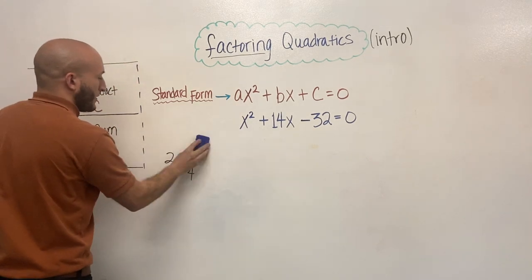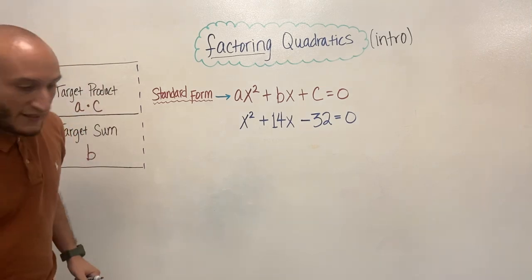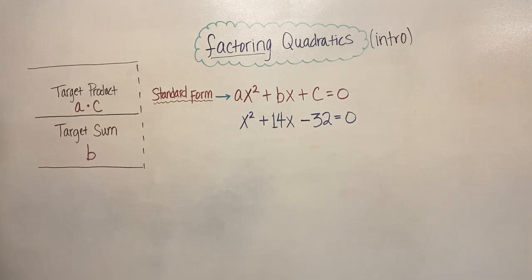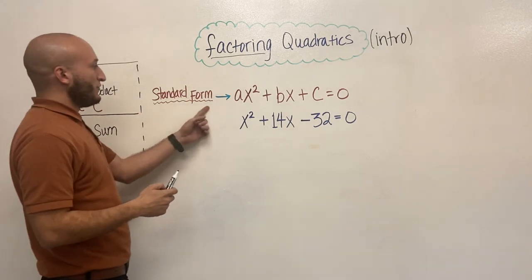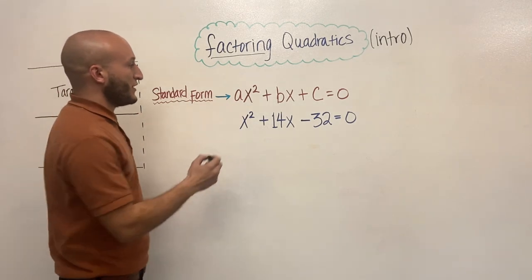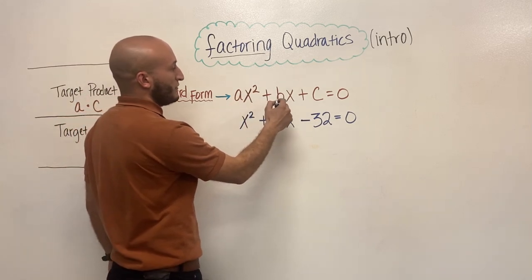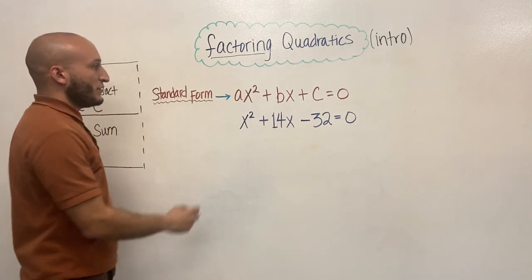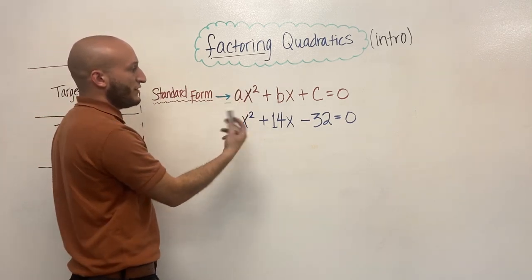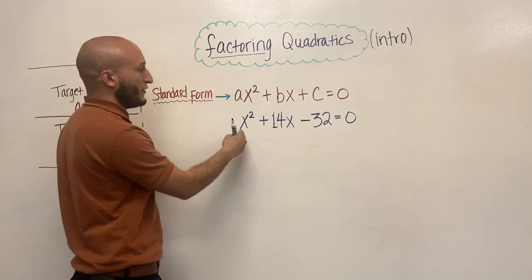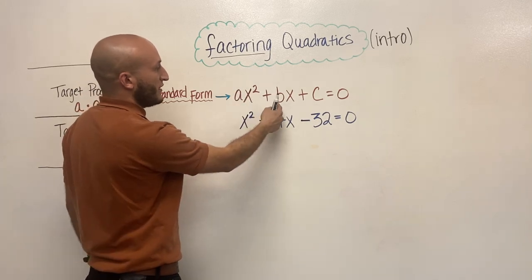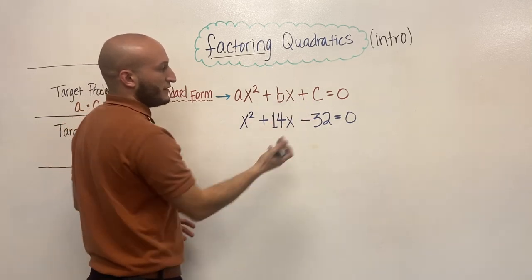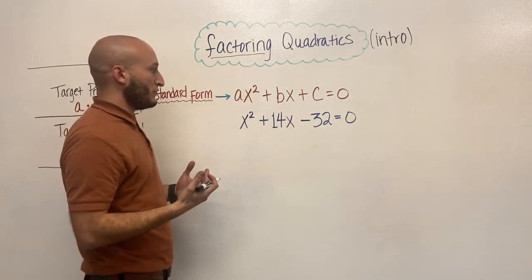The other thing, before I can start, is very important that I remember that standard form for a quadratic equation is ax squared plus bx plus c equals 0. Remember that a is a coefficient, the number in front of the variable x squared. b is the number in front of the variable x. And c is a constant, meaning it's just a number with no variable.